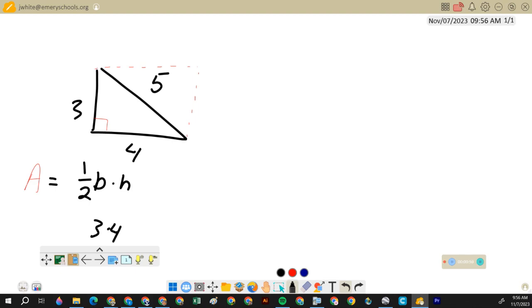Now, interestingly enough, if I were to move this point and slide it to the right, so let's say I slid this point to here, and then I drew the triangle, what is the area of that triangle? It's exactly the same. The base did not change, and the height did not change.